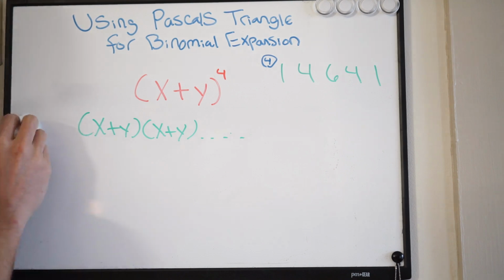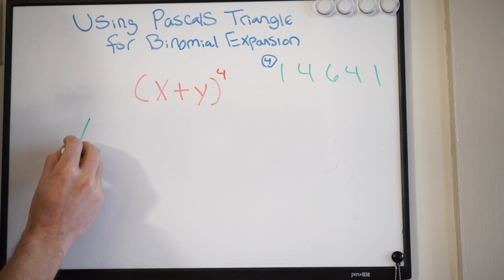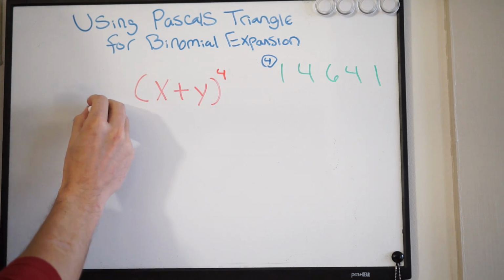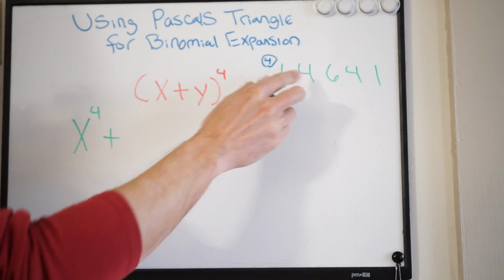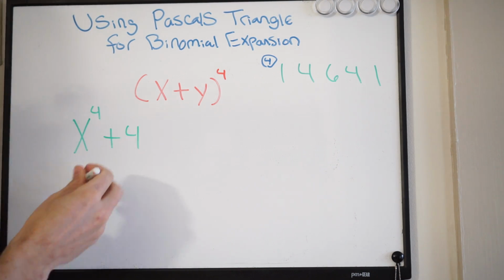This is why Pascal's triangle is so powerful. So again, we're just going to use this right here. So we start out with 1. We know we're going to start out with the x as well. So it's going to be x to the 4th power plus, now here comes my 4. And again, we know this is going to continue to go down a degree.